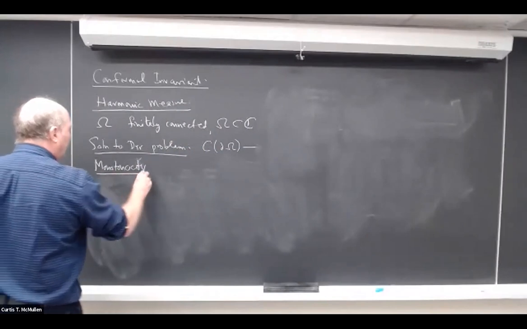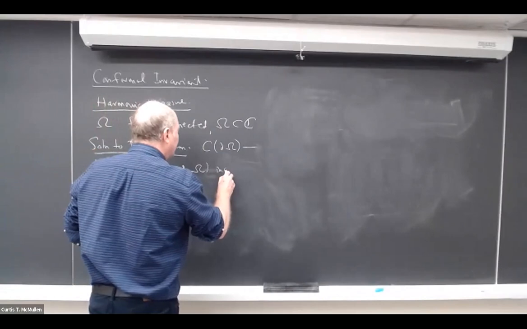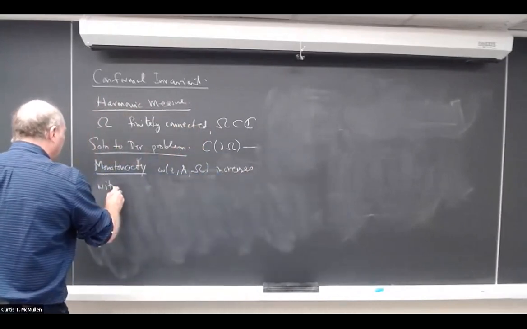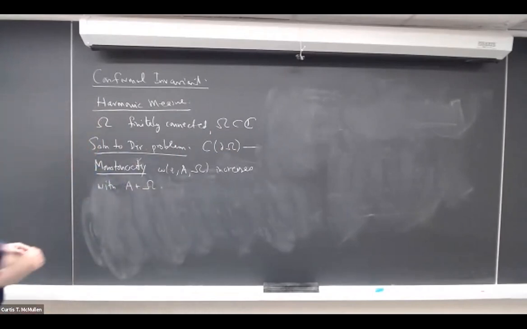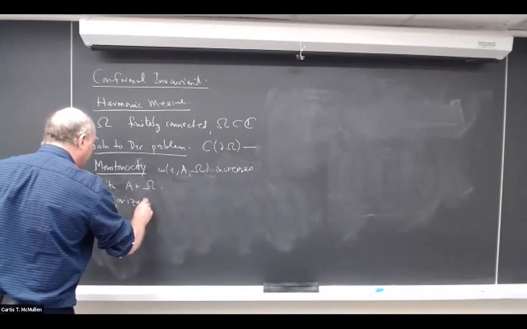Just want to record that. The harmonic measure of A in omega at Z increases with A and omega. And the next thing is what I'm going to call majorization.